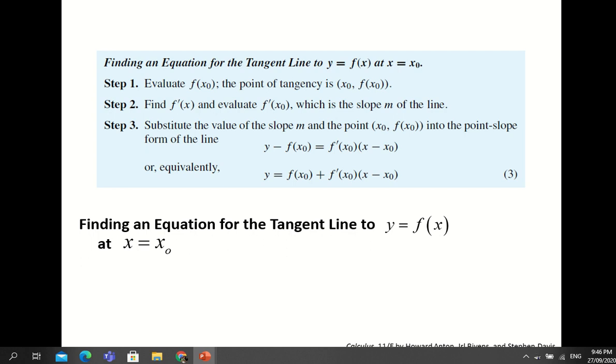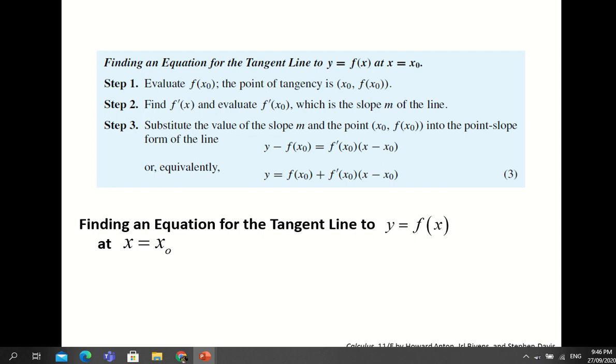Then after that, you move to step 2. You have to find the derivative of the function f of x, and evaluate f prime of x sub 0. It means that you have to find the value of f prime when you substitute the value of x at the point of tangency, which is the slope of the tangent line.